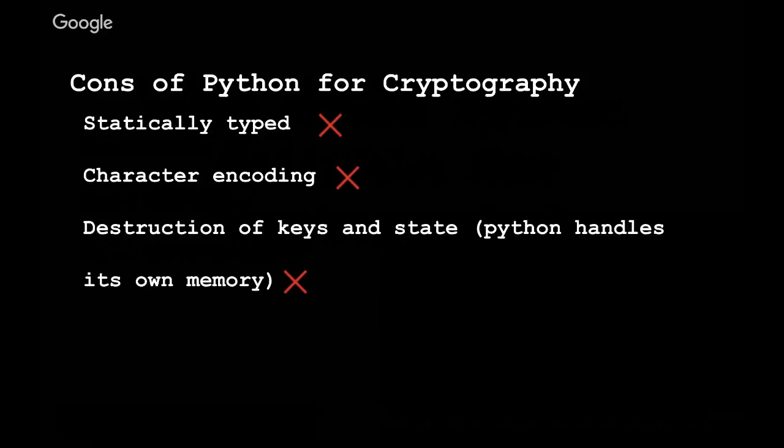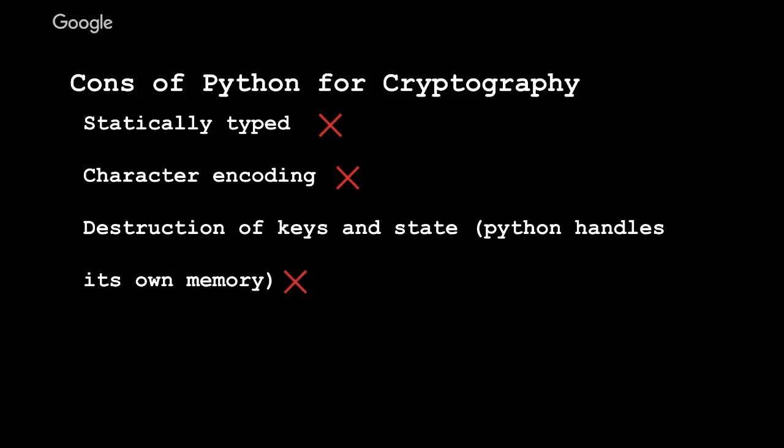There are a few cons of Python, some things that would cause people to say it's not the most secure language that you could use for cryptography. It is dynamically typed, and generally statically typed languages are considered a little bit more secure when it comes to cryptographic applications. Essentially that's because there are some static analysis tools that you can use to make sure that a particular algorithm is secure that we can't really use on a language like Python.